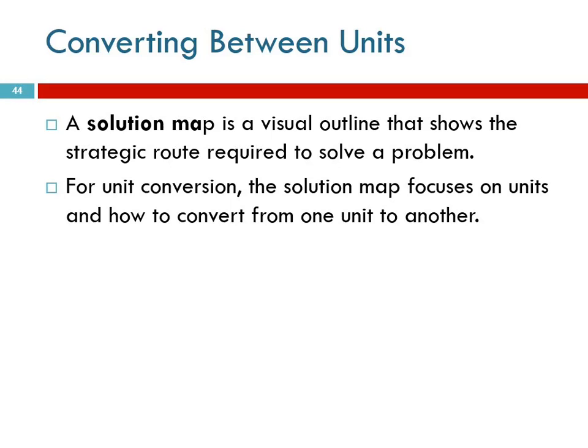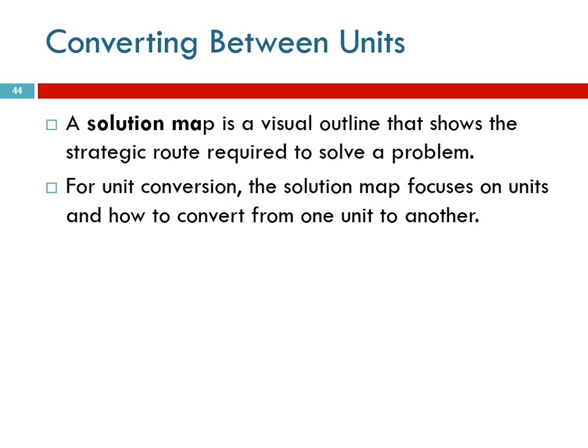When we're doing unit conversions to solve a problem, the solution map focuses on what units we're converting. Another way to think of it is trying to get across a stream. You're on one bank, and maybe that's inches, and you need to get to the other bank, which maybe is kilometers. If you know a direct relationship, you can jump straight across.